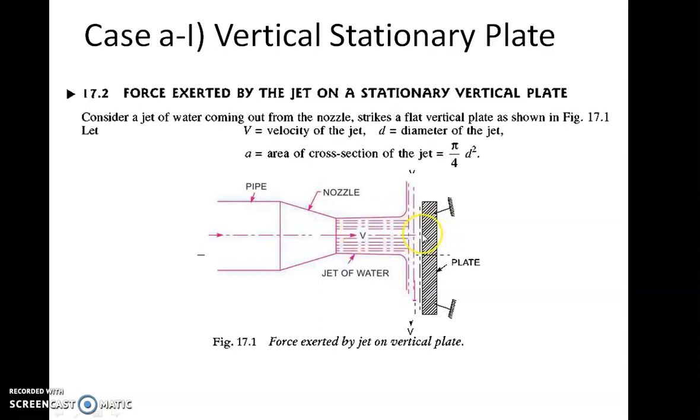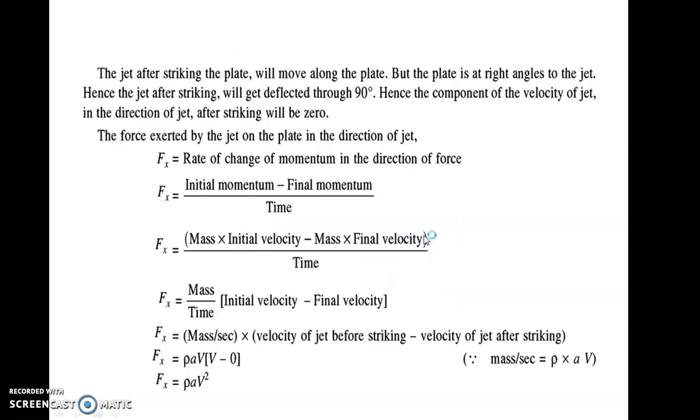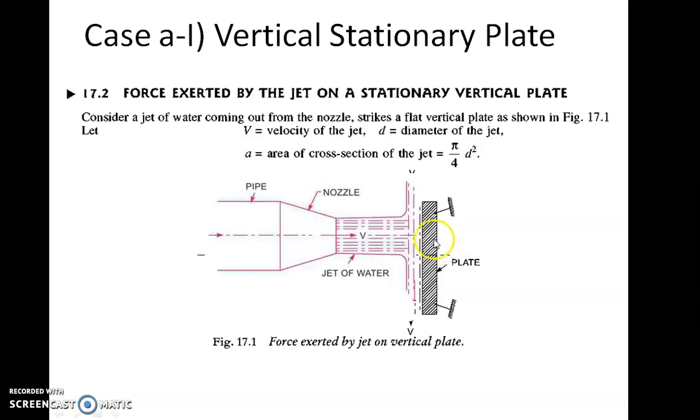After striking the plate, the velocity of the jet in x direction will be 0. There will be no further motion of the fluid from here onwards. That's why the velocity after striking in x direction will become 0. Hence the final velocity is 0 and the initial velocity is v in x direction.